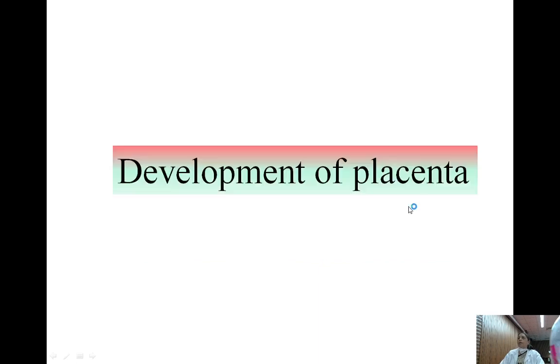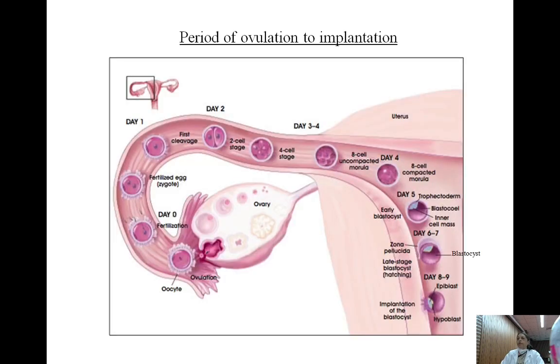Okay. Now you should know how the placenta is developed. If we go from the ovulation time, after ovulation, the ovum will enter into the fallopian tube, and then at the ampulla of the fallopian tube, if sperm comes, then it will be fertilized and form the zygote.